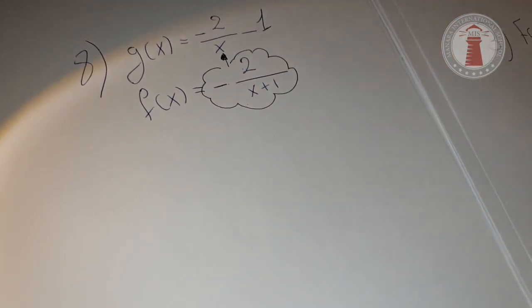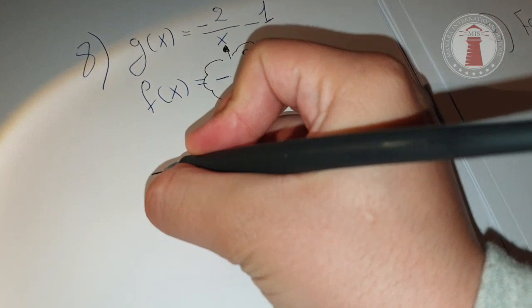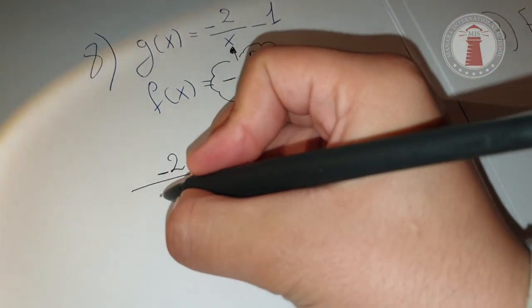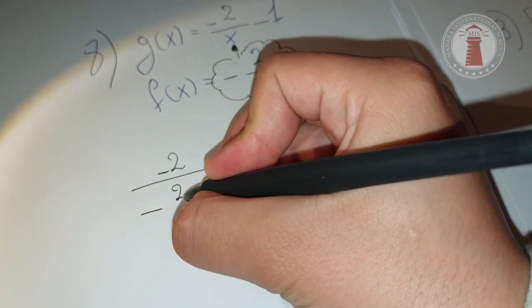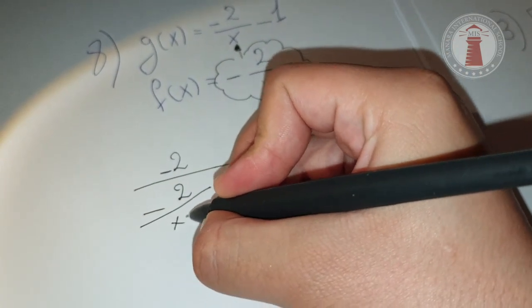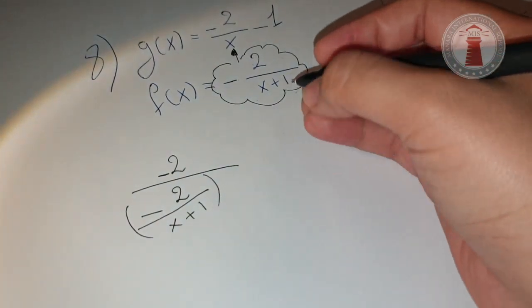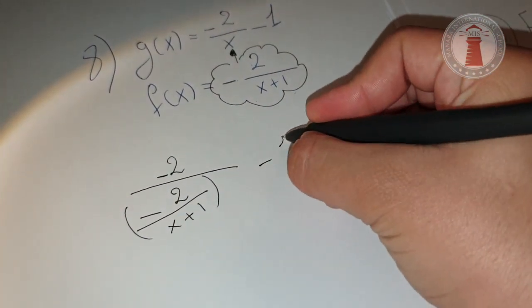If we substitute this, we get negative 2 over this whole thing, which is negative 2 over x plus 1. Let's put it in a bracket again. And then here we have negative 1.